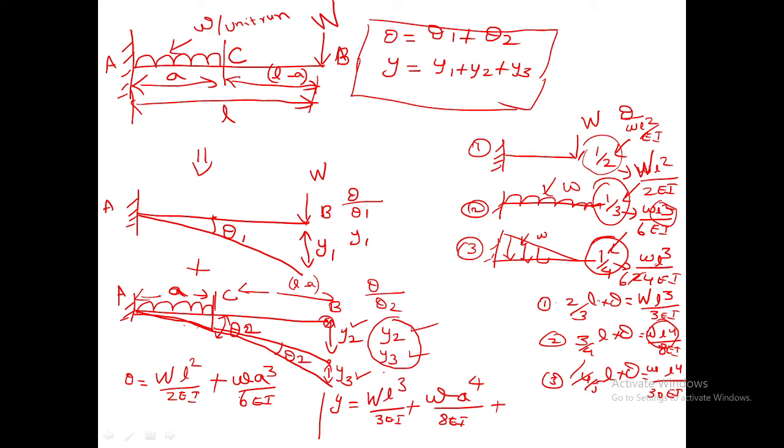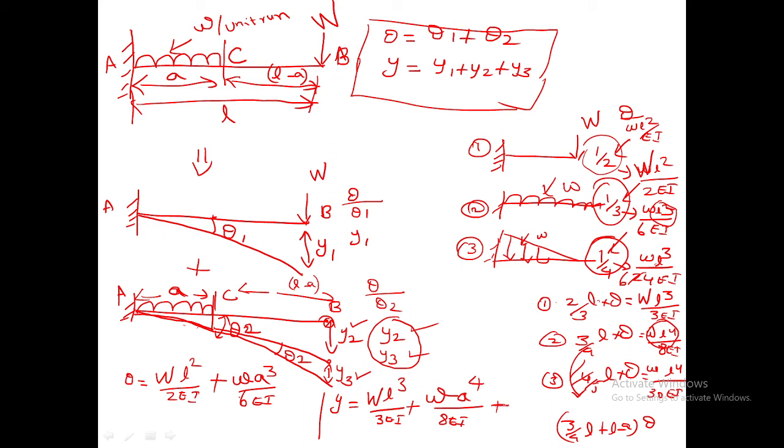Plus the remaining distance, L minus A, which is 3 by 4 A plus L minus A into theta, with W A power 4 divided by 8 EI.